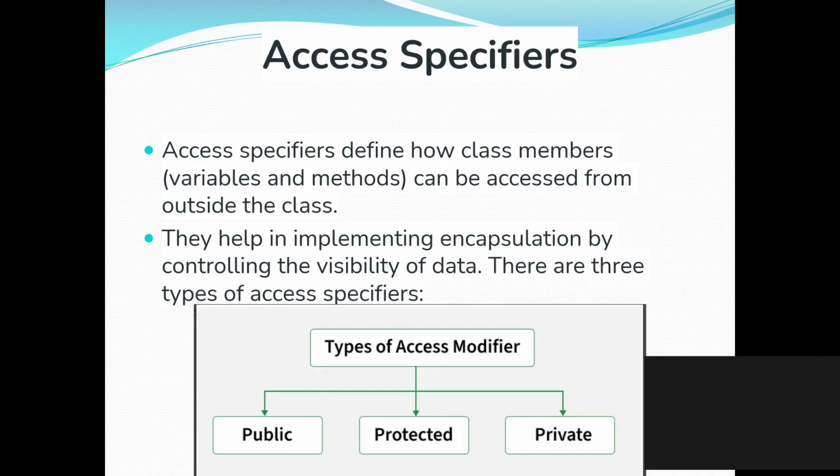They help in implementing encapsulation by controlling the visibility of data. There are three types of access specifiers. What are those three types? They are namely public, protected, and private. We'll be discussing these topics well enough in the upcoming slides.